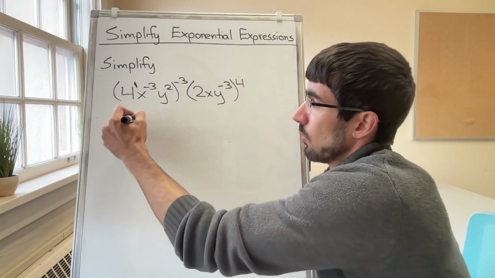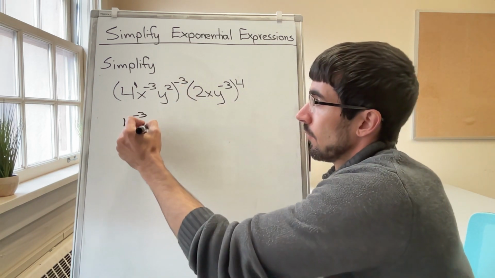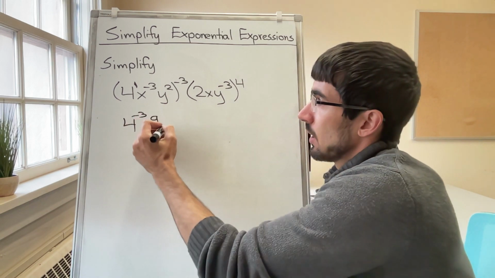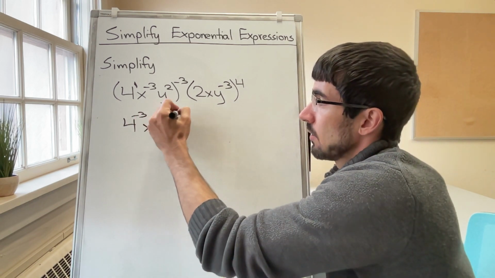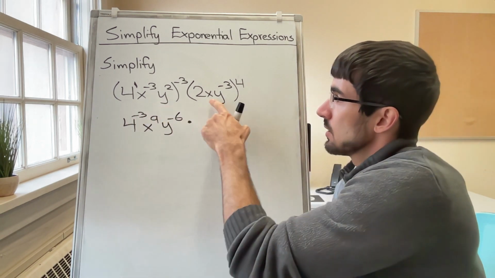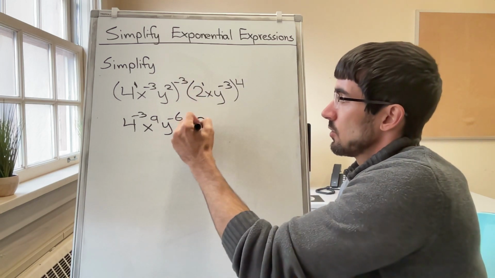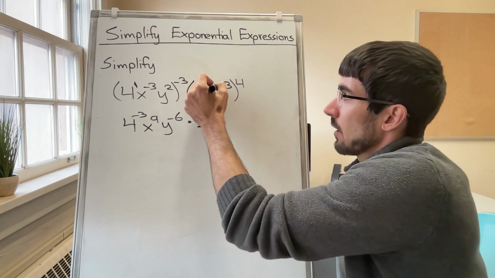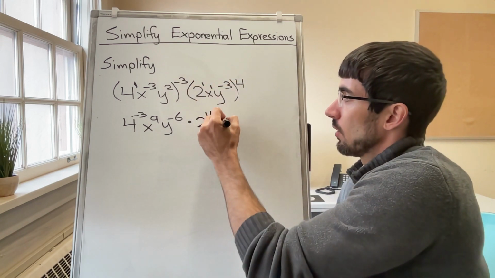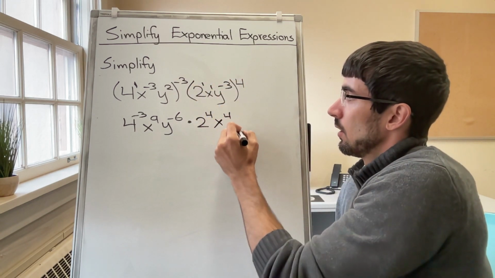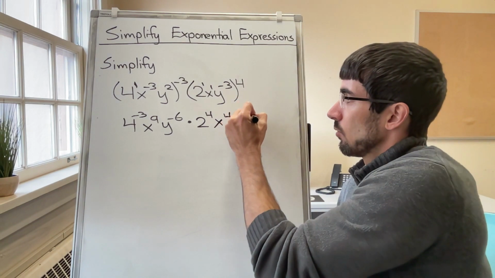So that becomes 4 to the negative 3, x to the positive 9, y to the negative 6, times, here it's 2 to the 1st times 4, so that's 2 to the 4th, x to the 1st times 4, x to the 4th, times y to the negative 12.